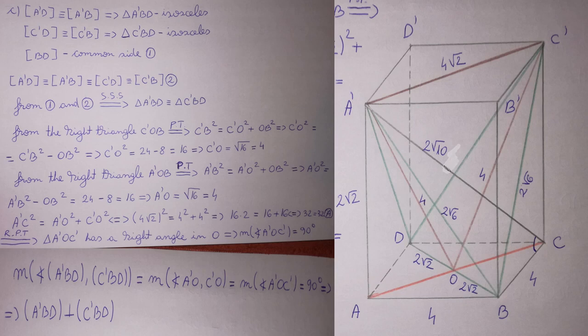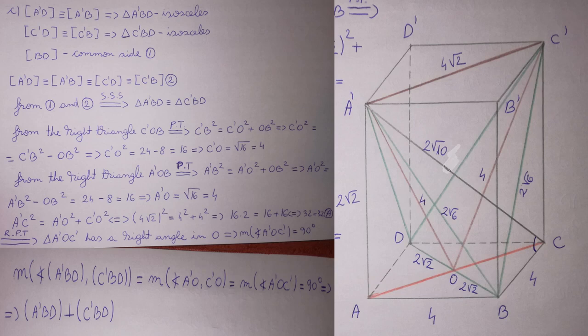So this is equivalent to 32 is equal to 32, which is true. So we have from the converse of Pythagoras theorem that the triangle A'OC' has a right angle in O. So the measure of the angle A'OC' is 90 degrees.